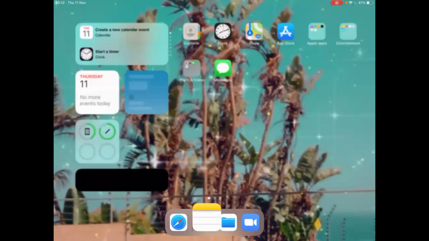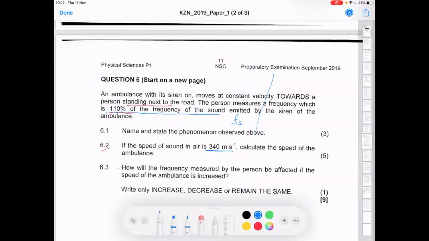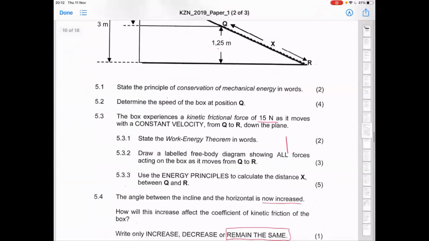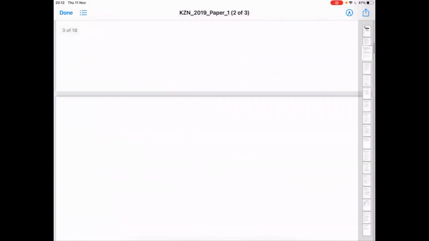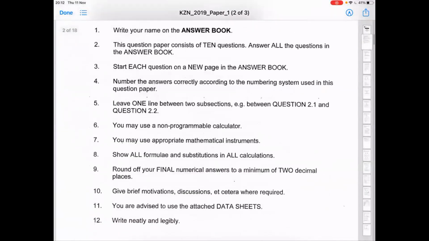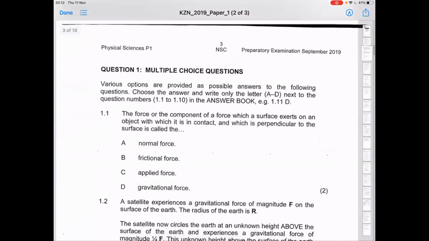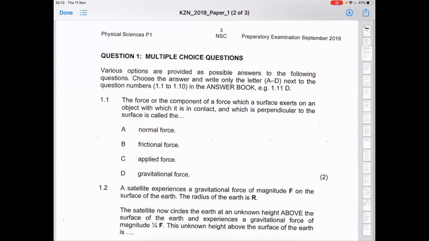Let's just look at the first question here, 1.1. It says, the force or the component of a force which a surface exerts on an object with which it is in contact and which is perpendicular to the surface is called the. So you read that question and do not look at the answers.